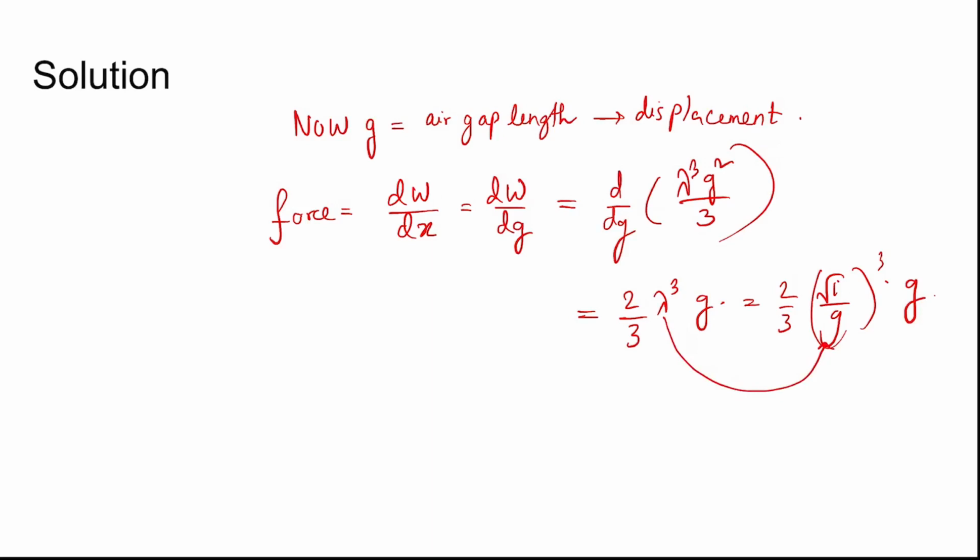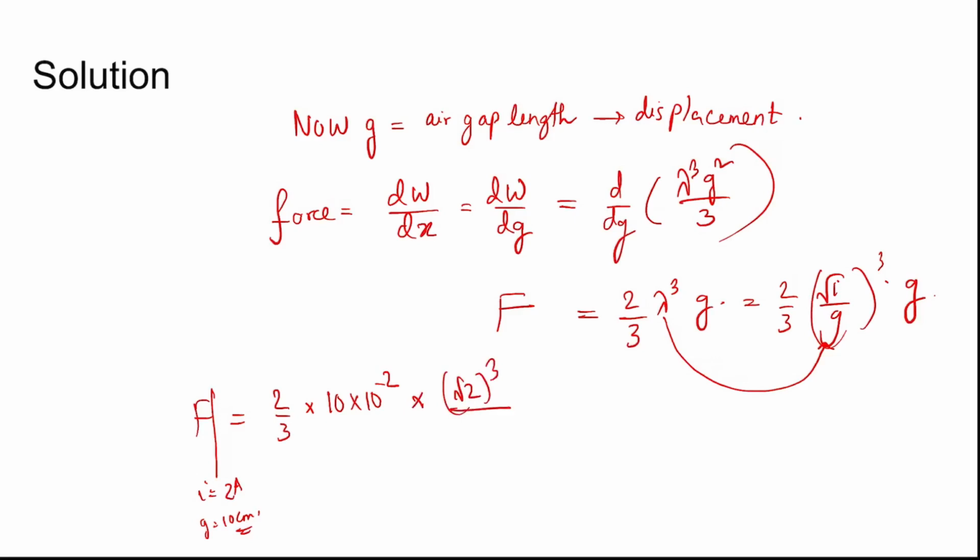So let us write force to be F. Force at I equal to 2 and g equal to 10 centimeter, careful, centimeter is there. So 2 by 3 into g, 10 into 10 to the power minus 2, writing in meters, all into root 2 whole cube by g square, so 10 into 10 to the power minus 2 whole square.